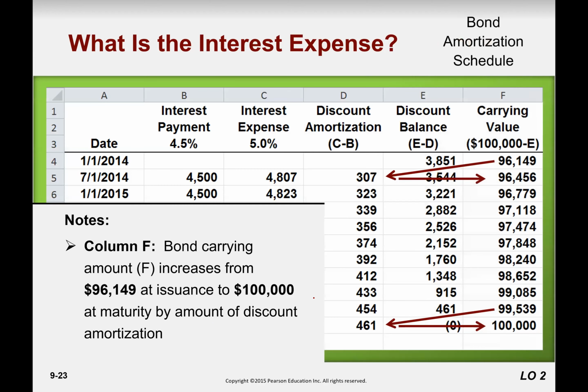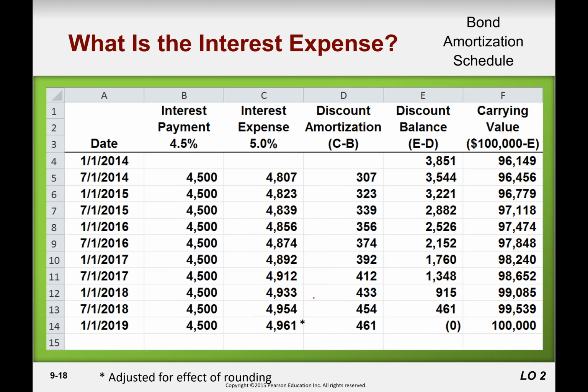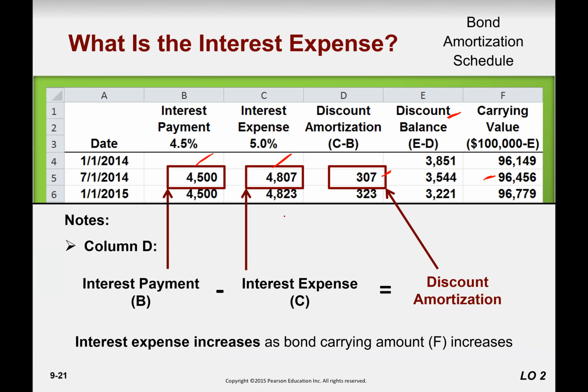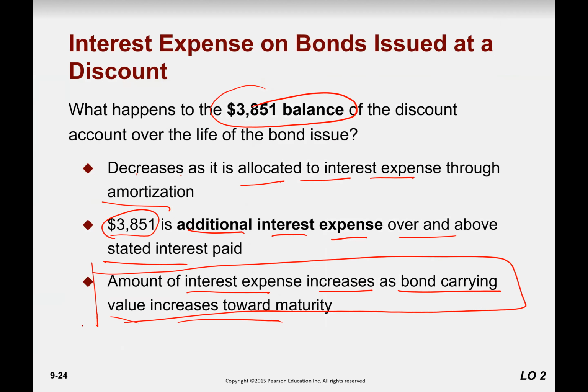We talked about here, the interest expense also increases and the bond value also increases. So you see here 96,149, 96,456, 96,779, here 4807, 4823, 4839. So that's what they are saying here. This amount of interest expense increases as bond carrying value or book value increases towards maturity.